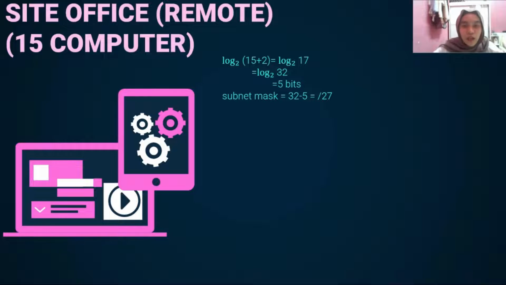So that is why we are going to find the nearest number to 17, which is 32. And then you are going to take log 2, 32, and you will get the number of bits borrowed, which is 5 bits. And then you're going to find the subnet mask by using the subnet mask formula, which is 32 minus 5, you will get 27.